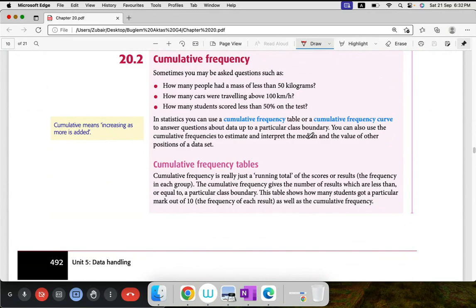You have every person's individual time. If someone asks you at what time did 7 people pass, that would be cumulative. How many people passed till time 12? You just add all of them.